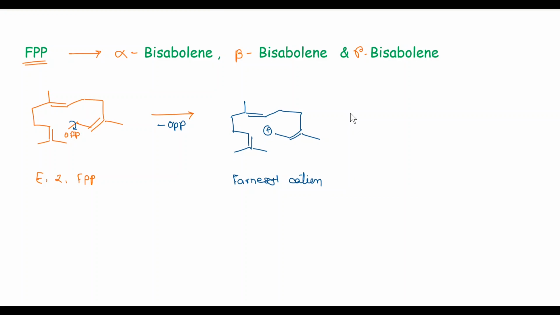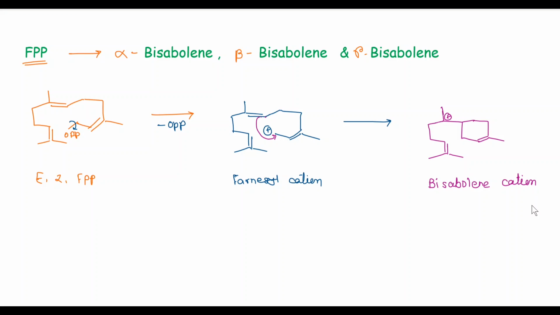So in the next step, this double bond attacks this carbon atom via this carbon and we get a double bond here, CH3 here, and a positive charge here, and this cation is called the bisabolene cation.